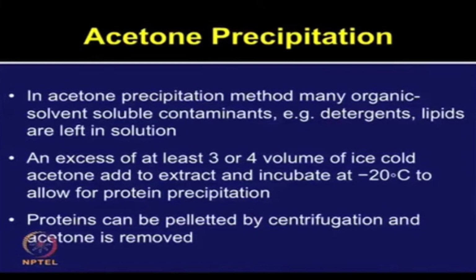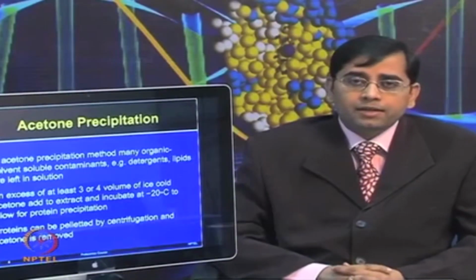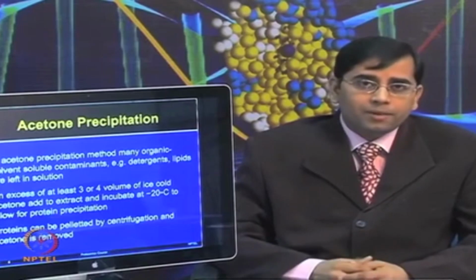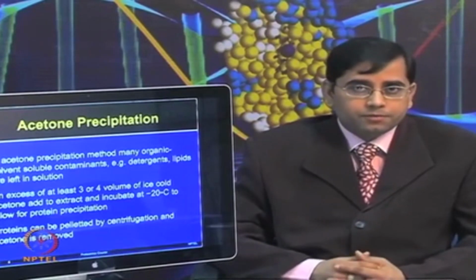The proteins can then be pelleted down during the centrifugation step, and subsequently you can remove the acetone and dry it out. So, acetone precipitation is a very easily performed method and it is very effective.